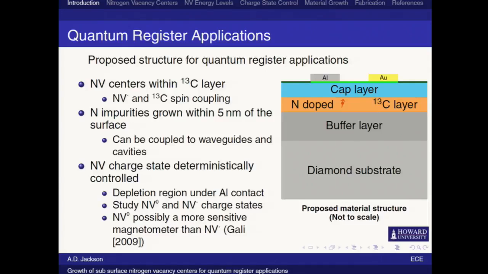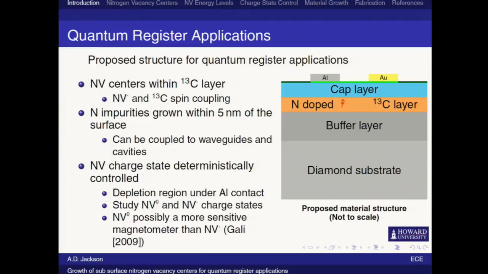This is the proposed structure. It entails nitrogen vacancy centers within a carbon-13 layer, and these are going to be 5 nanometers from the surface. Of course, this is not to scale.